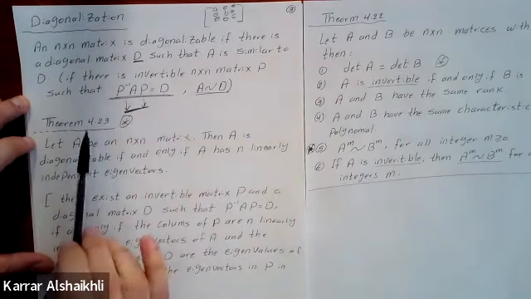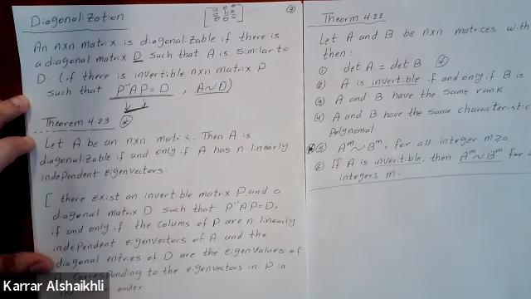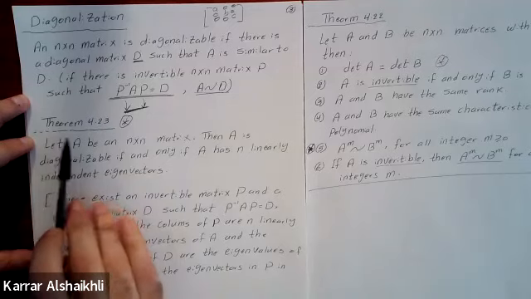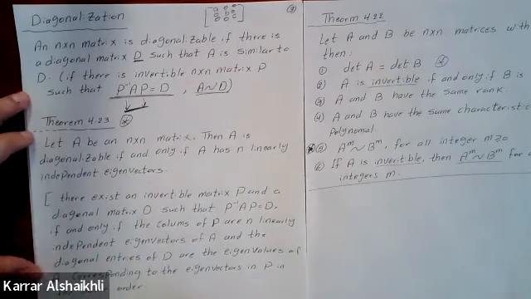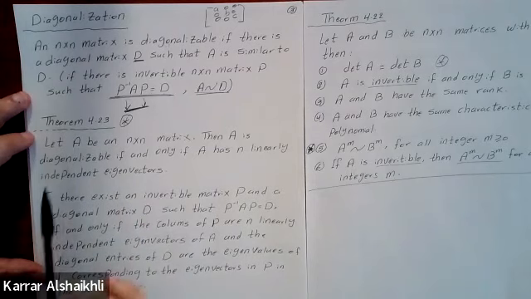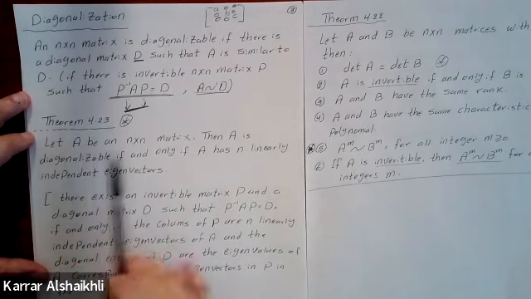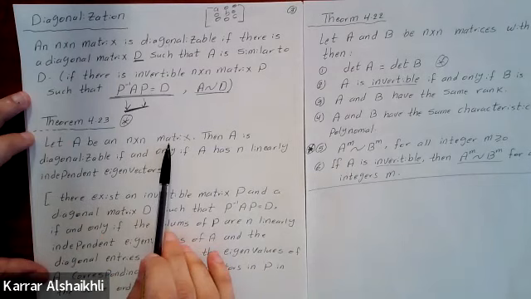Now, here's the important theorem. I kept exactly the same number if you want to check it on the slides from the book. It's Theorem 4.2. It's exactly the same thing here. This theorem says, let A be an n times n matrix.